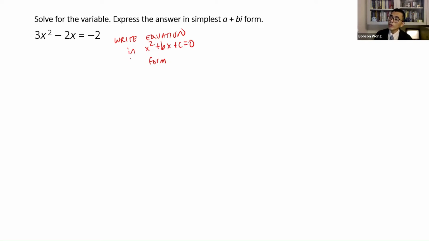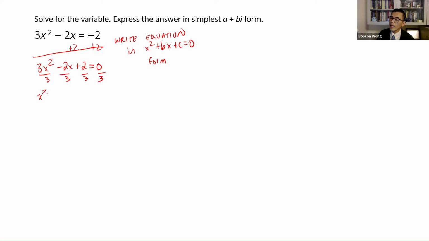Here, our first step is to get the equation equal to 0. So we're going to add 2 to both sides, and we get 3x squared minus 2x plus 2 equals 0. Now we need to divide this equation by 3.